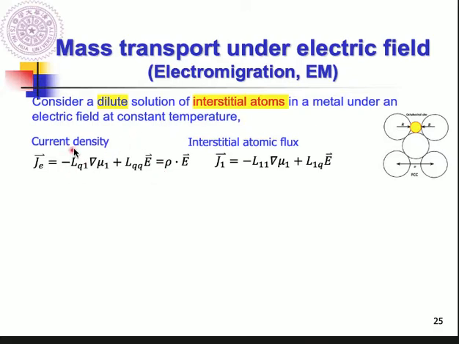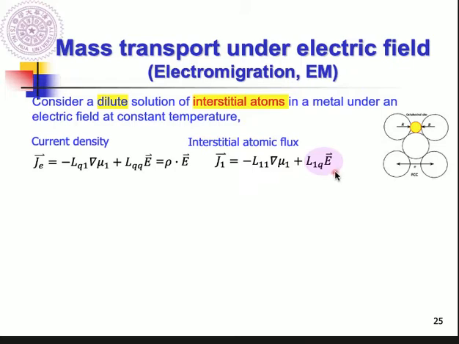And this current density, actually, we are not interested in, because we are more focused on mass transport. So we need to decouple it to get the atomic flux, the interstitial atomic flux here. The atomic flux can be divided into these two terms. The first term is due to the concentration gradient.